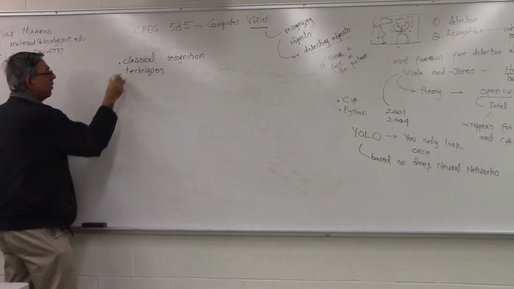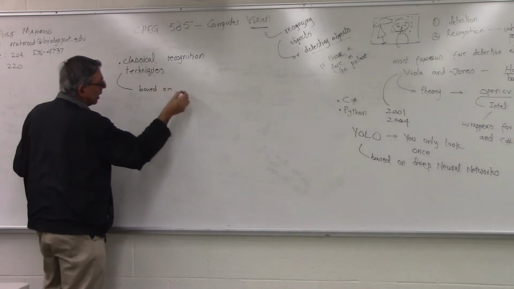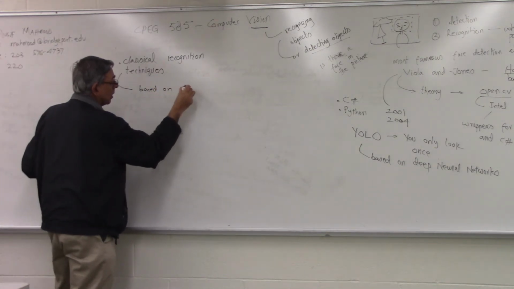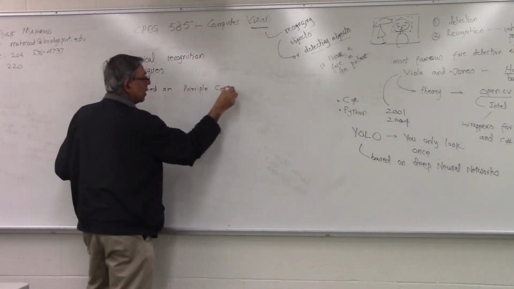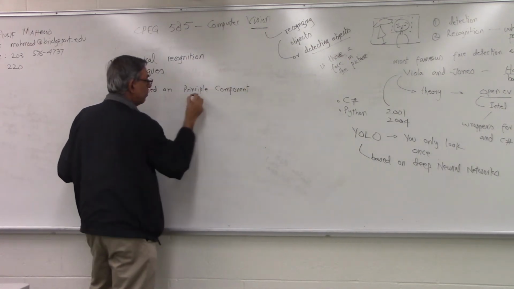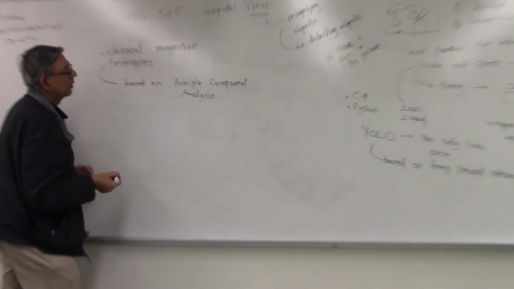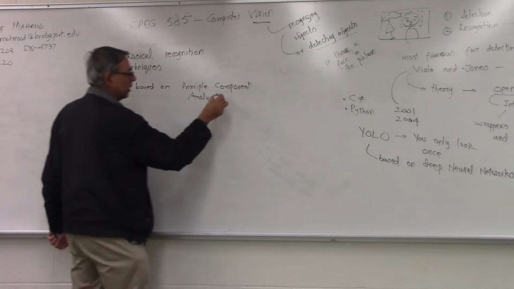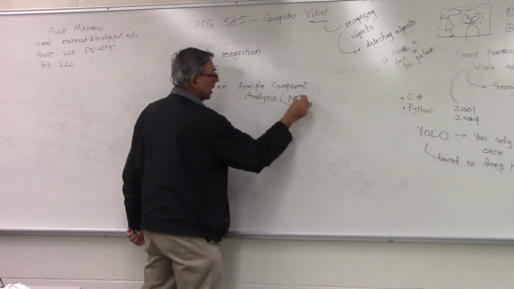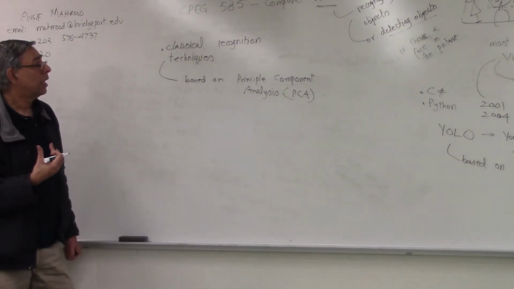okay, for example, one of them is based on a mathematical concept called principal component analysis. Okay, very briefly, this is, by the way, abbreviated as PCA. PCA is a very important algorithm.